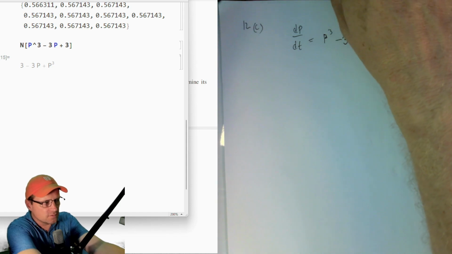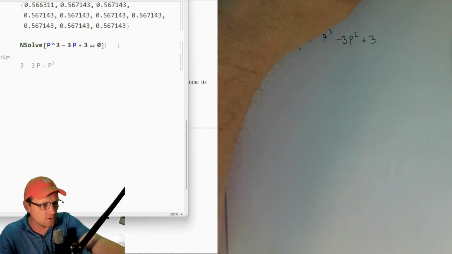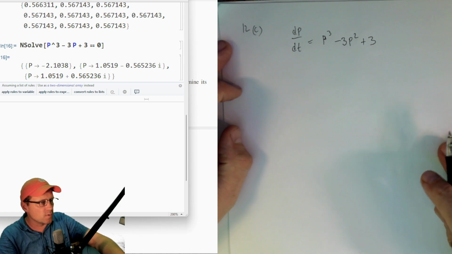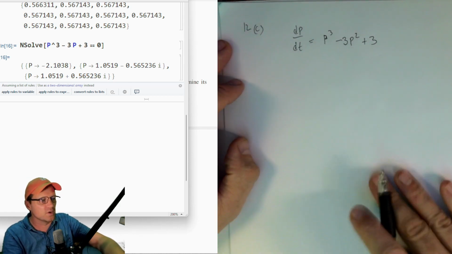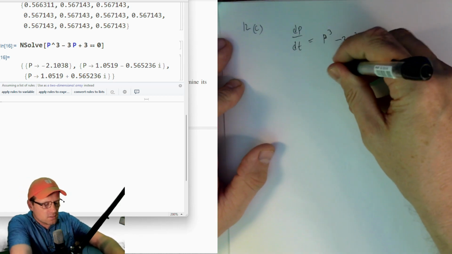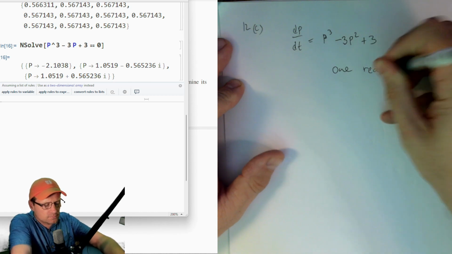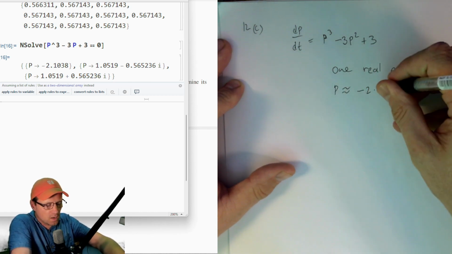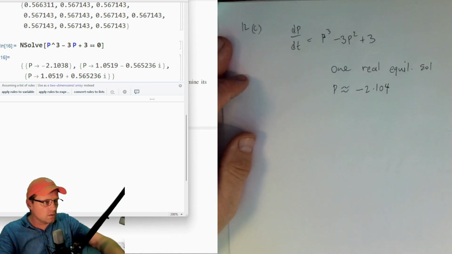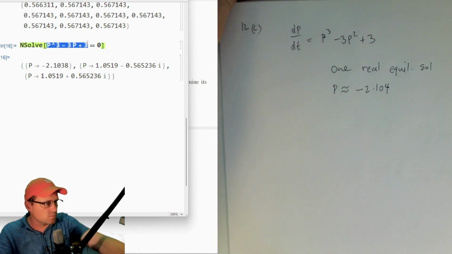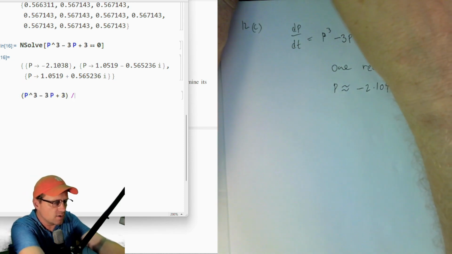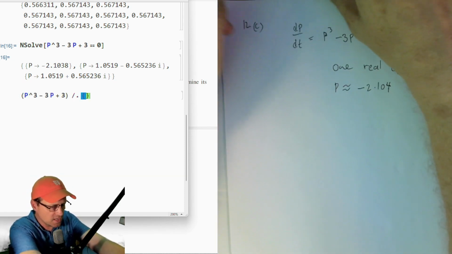I'll write NSolve and I'll put equals equals 0. So we have one real solution, minus 2.1038, and that's the one we're interested in here. Okay, so we'll say one real equilibrium solution at approximately minus 2.104.